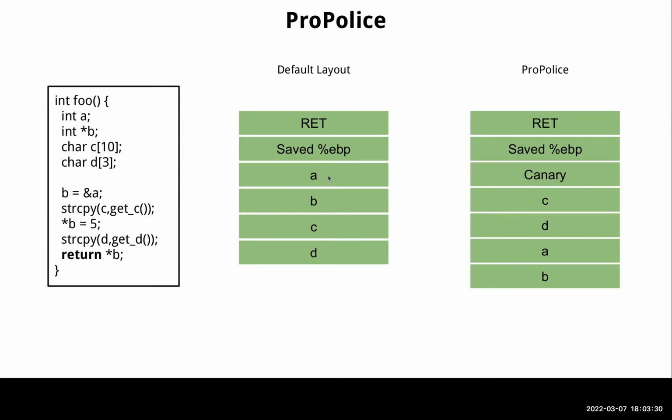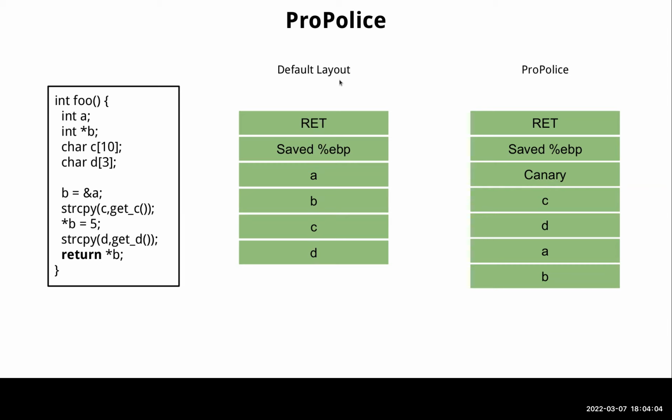Whichever local variable is declared first is at a higher position, because A is higher than B, C, D, right? So this is how it works. The problem with this is that C and D are vulnerable local variables here, so they could overflow. And if we overflow them, we will overflow everything, including A, B, and the saved EBP and return address.